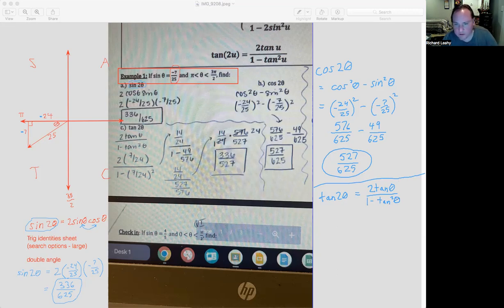Just a quick check to see if this is the right one.